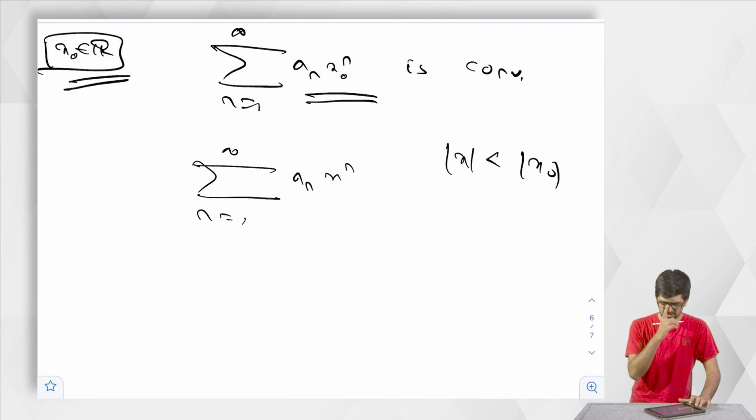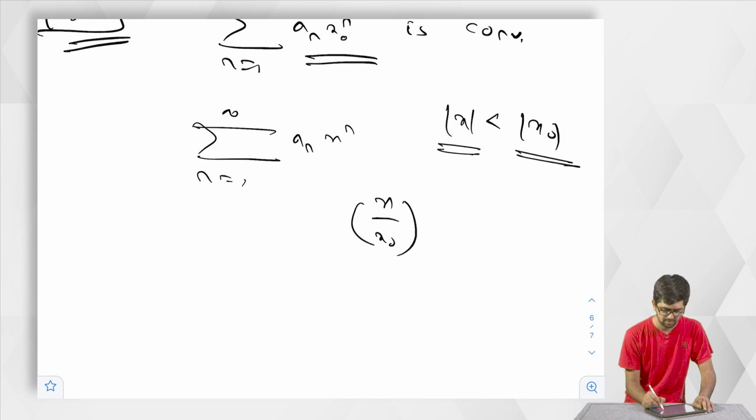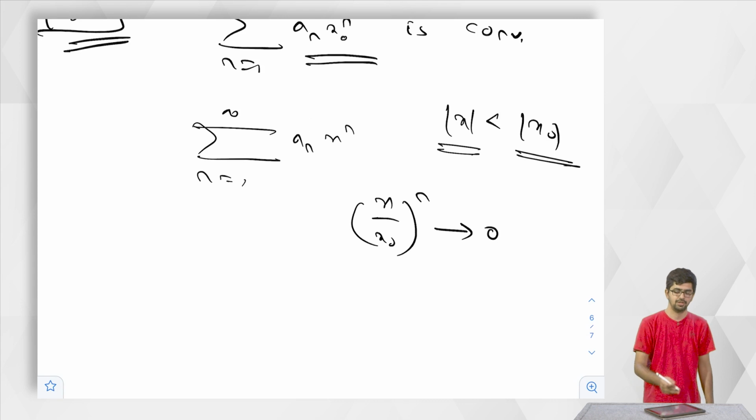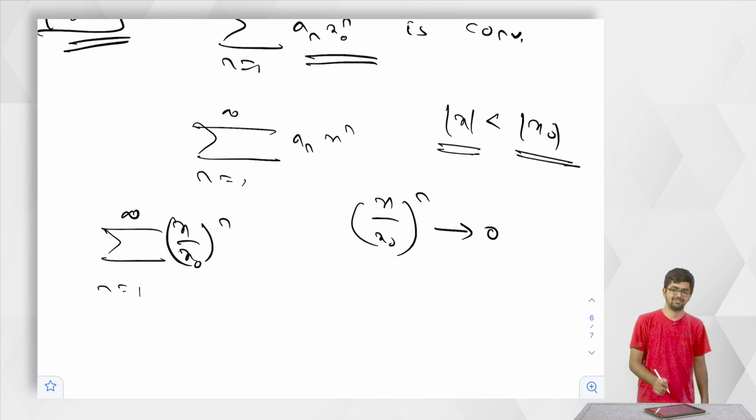Now how do I proceed here? Same idea. Mod x less than mod x0 implies what? (x/x0)^n goes to 0. So summation (x/x0)^n is convergent.